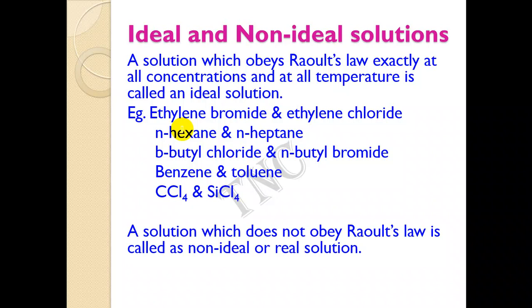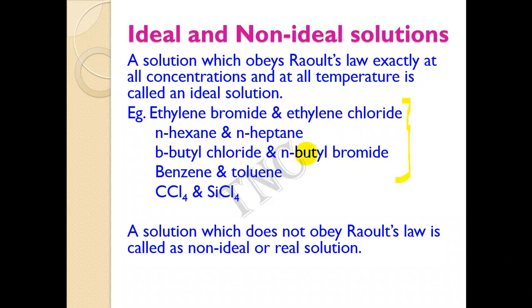If the solution does not obey it, then it is a non-ideal solution. Here are some solutions which obey Raoult's law. A combination of ethylene bromide and ethylene chloride is an example of an ideal solution. N-hexane and n-heptane is also an example of an ideal solution.